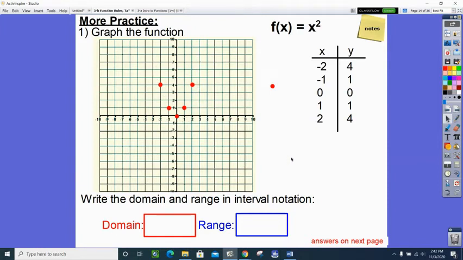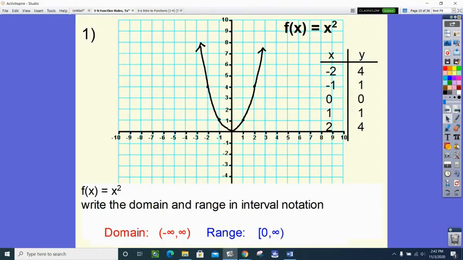Now, before I do that, we're going to start talking about what is the domain and range of these functions. So I'm going to draw it in. I'm going to go to the next slide, which is going to show the answer. And then I'm going to talk about what this means down here. So my question for you, is there any number that we could not put in for the x? Is it okay to put in -10 as an input? Could we have put in -100?